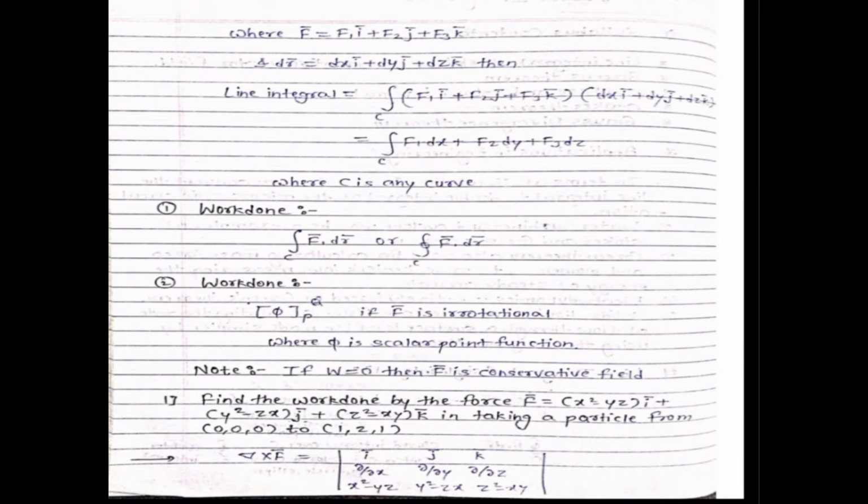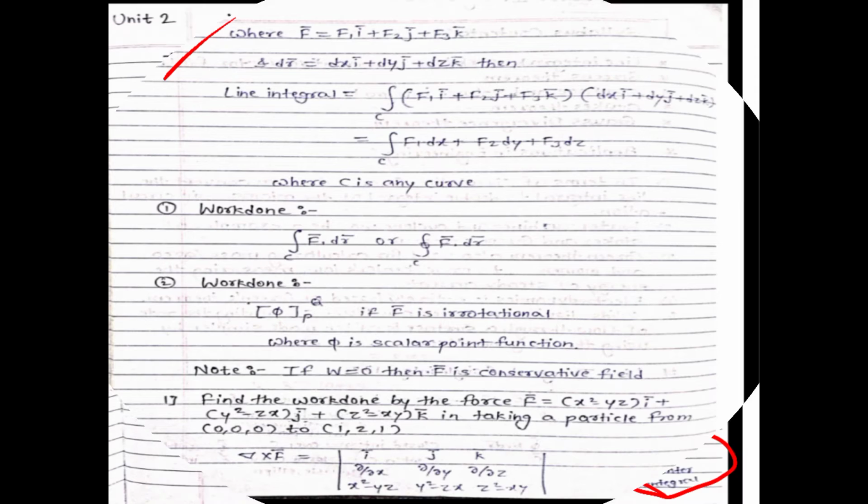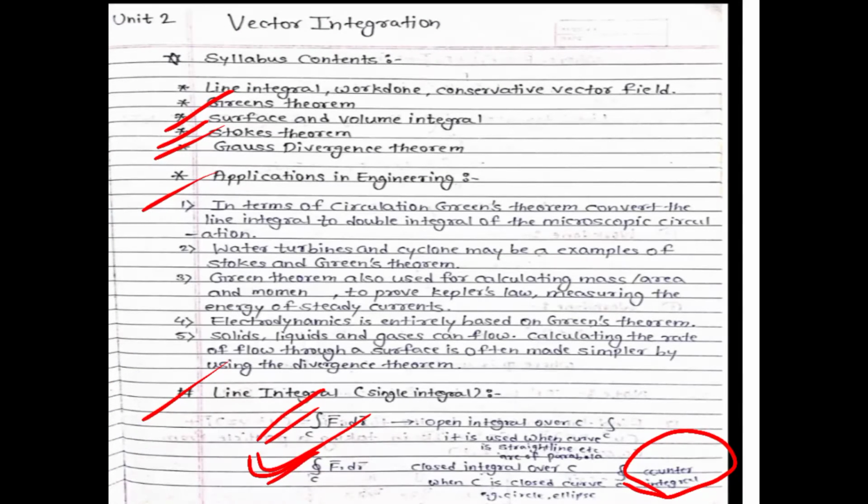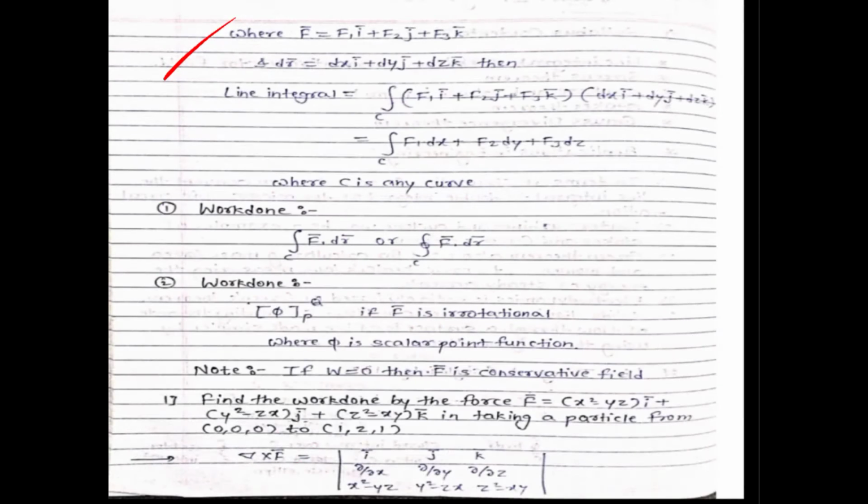Here, integration of f bar dot dr bar over c. Here f bar is f1 i bar plus f2 j bar plus f3 k bar, and dr bar is equal to dx i bar plus dy j bar plus dz k bar.